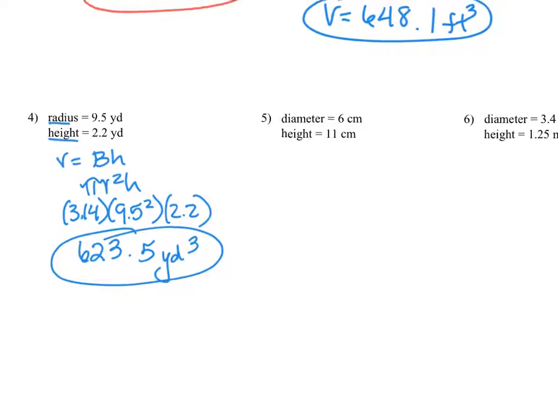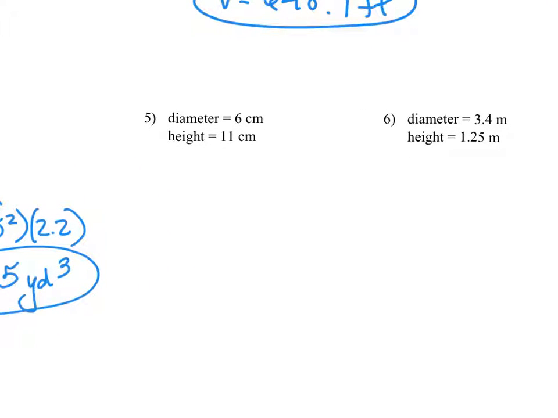On number 5, same thing. I'm going to write my formula down before I even start. That means pi r squared times height. They give me my diameter. So that means they're giving me the measurement all the way across the circle, but I just want half of that. So I'm going to take that 6 and I'm going to divide it by 2.